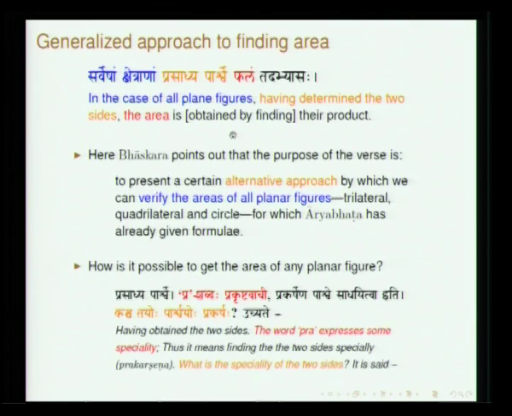The next verse is a very interesting verse, wherein deep analysis has been done by Bhaskara, which is quite edifying when we look at his commentary. He says sarvesham kshetranam, a generalized approach to finding area. He initially started with triangle, then moved on to trapezium, then discussed circle.